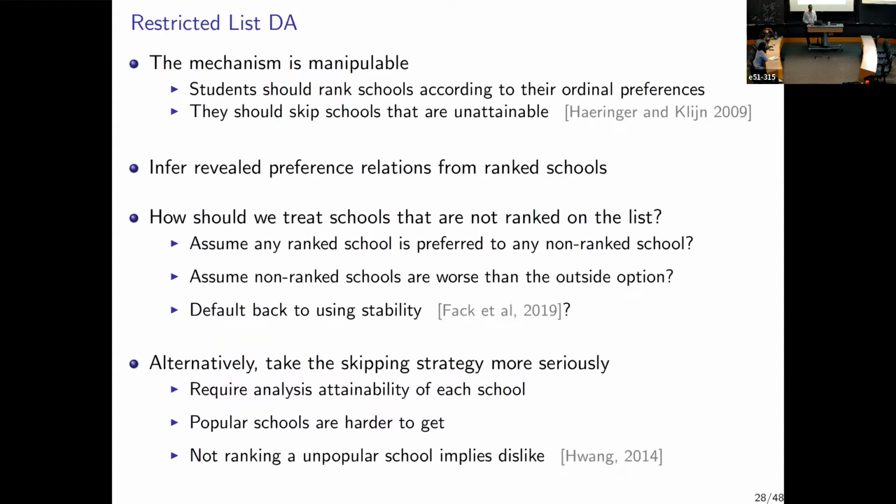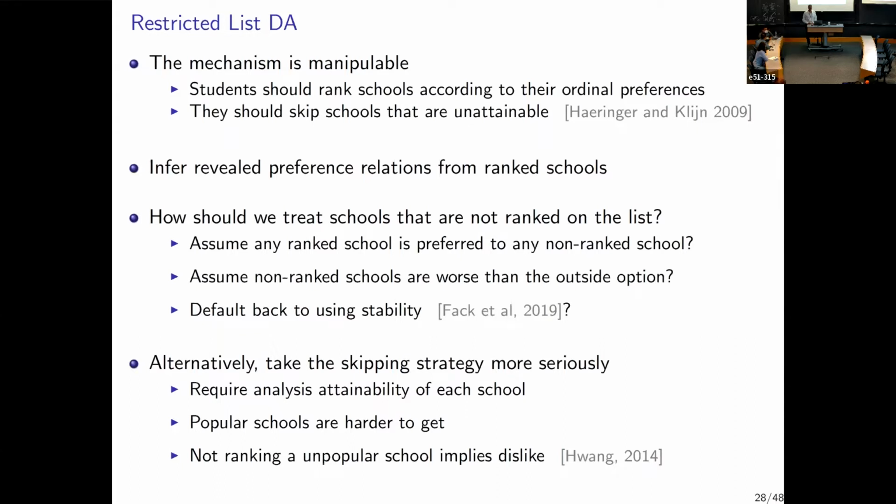What are the opportunities for strategic behavior here? Why would you strategize if you can only report a short list? You might report a lower ranked university and choose not to report the university that you prefer the most, because you might think you won't get it. Exactly.